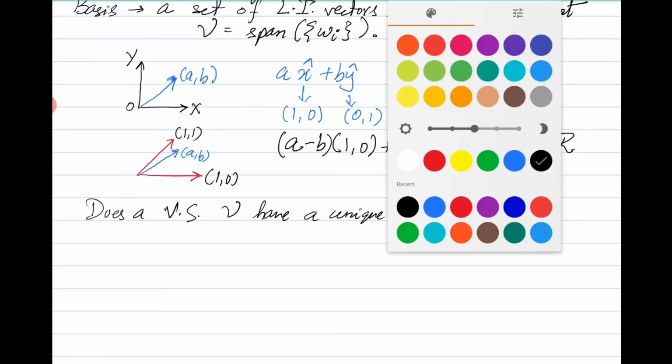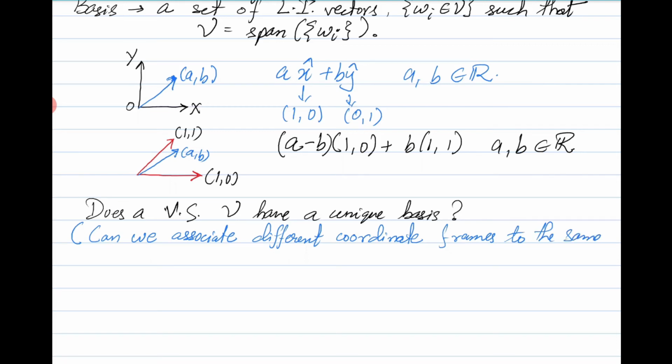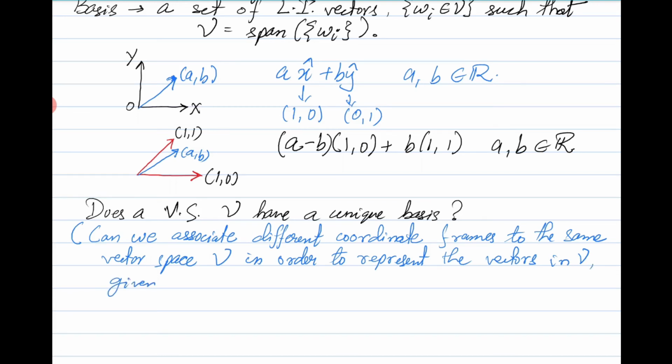This, in other words, means: can we associate different coordinate frames to the same vector space V in order to represent the vectors in V, of course, given a field F?